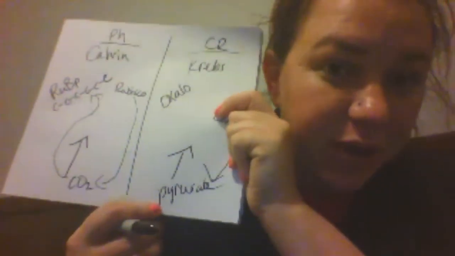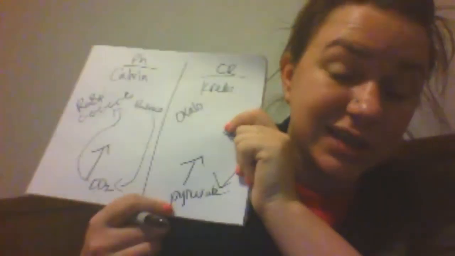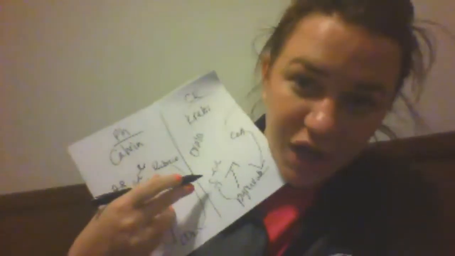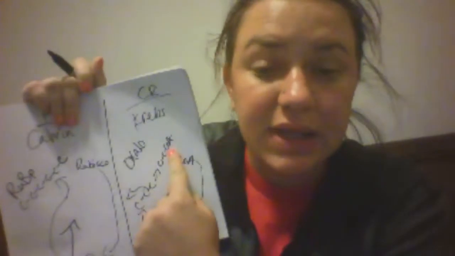CoA takes the pyruvate first, oxidizes it, and says, I'm going to chop you up and convert you from 3 carbons. No longer 3 carbons: we chop off one, and you're left as 2 carbons, and I'm going to guide you to a friend of mine.